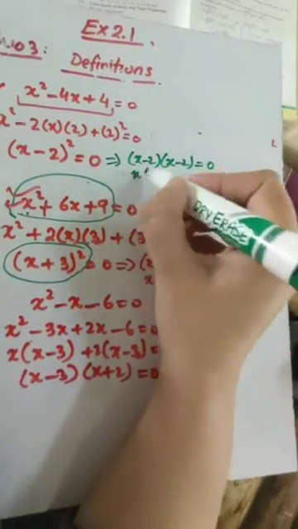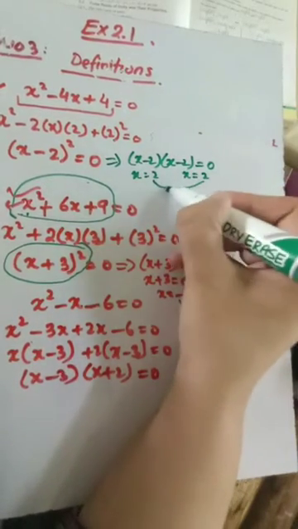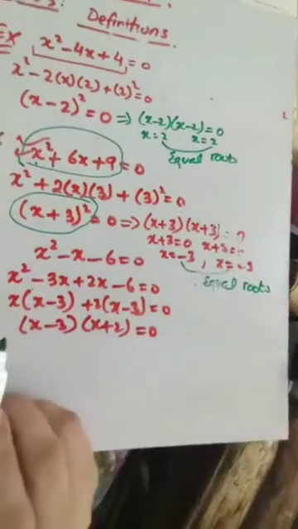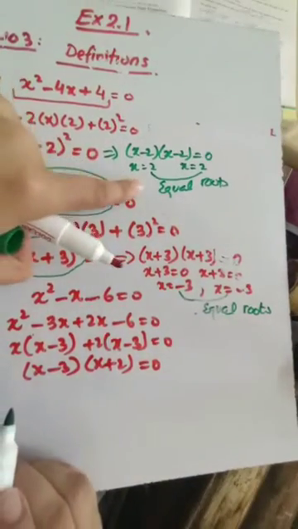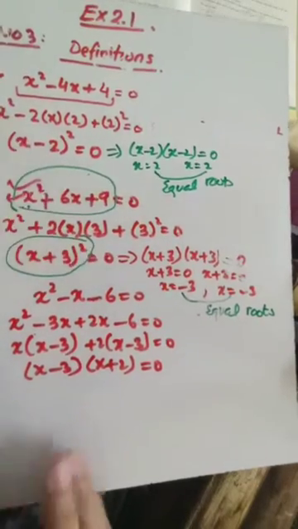So x is equal to 2, and over here we are also going to get x equal to 2. Again we are getting equal roots. What does this imply? That if you have a perfect square, you are always going to get equal roots.